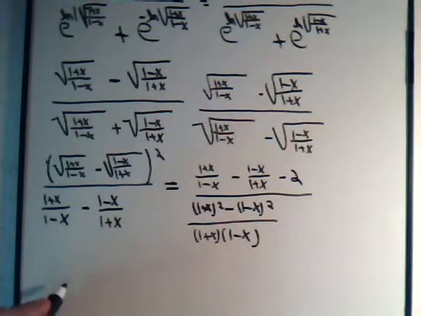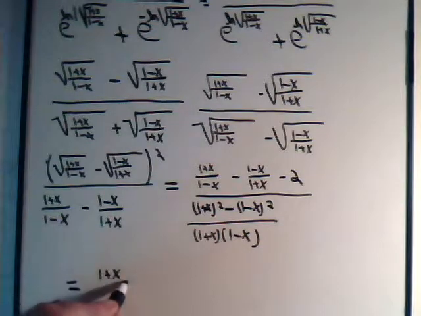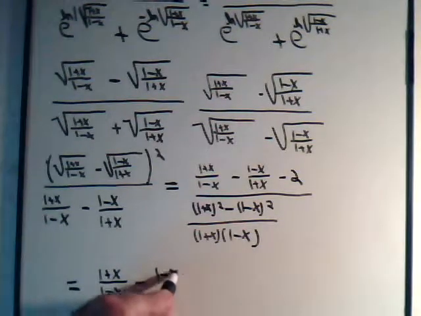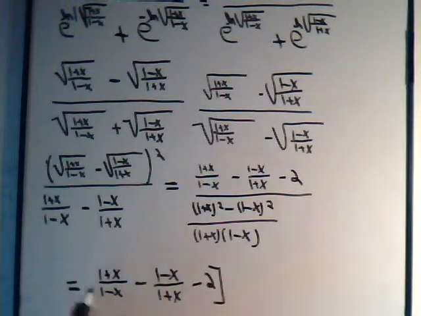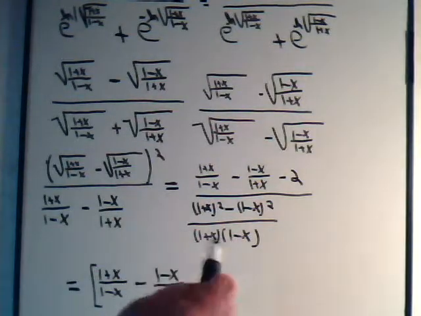And let's see what we're going to have here. Then here we have 1 plus x over 1 minus x minus 1 minus x divided by 1 plus x minus 2, and let's invert and multiply.